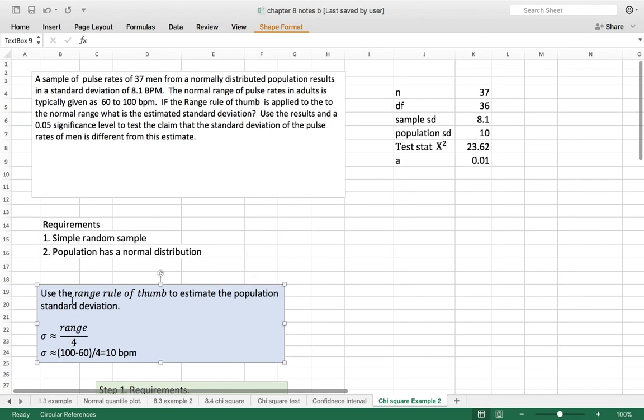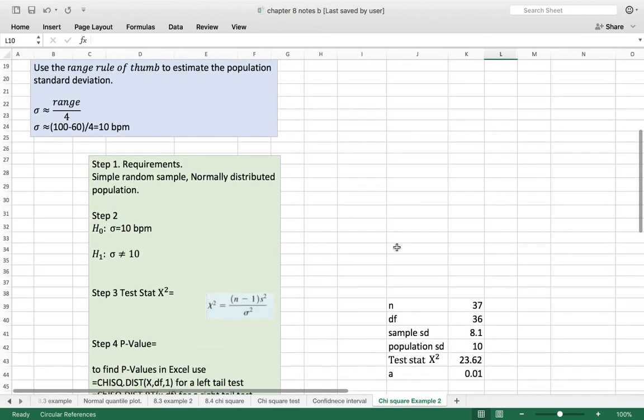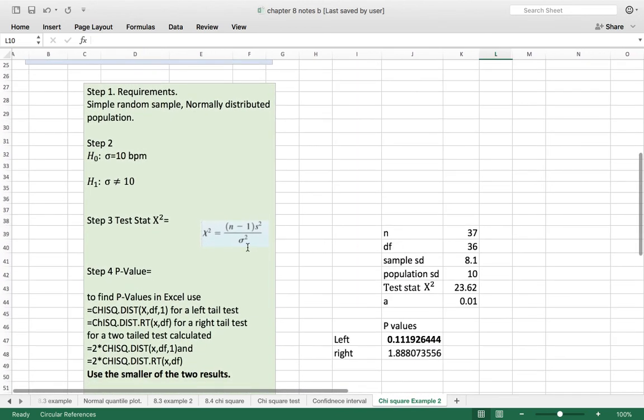Okay, so we have all of our ingredients here to find our test statistic. Our sample size is 37, degrees of freedom is 36, our sample standard deviation was given to us. We want to use a 0.05 alpha level, so let's change this alpha level. And let's find our test statistic. Remember, this is our formula.